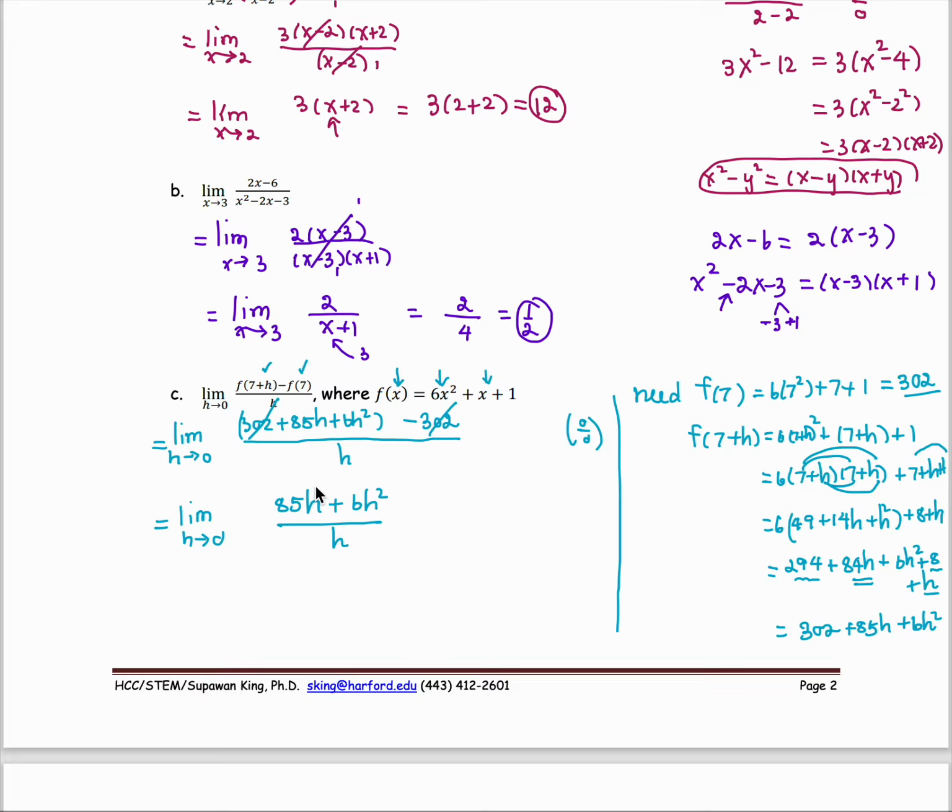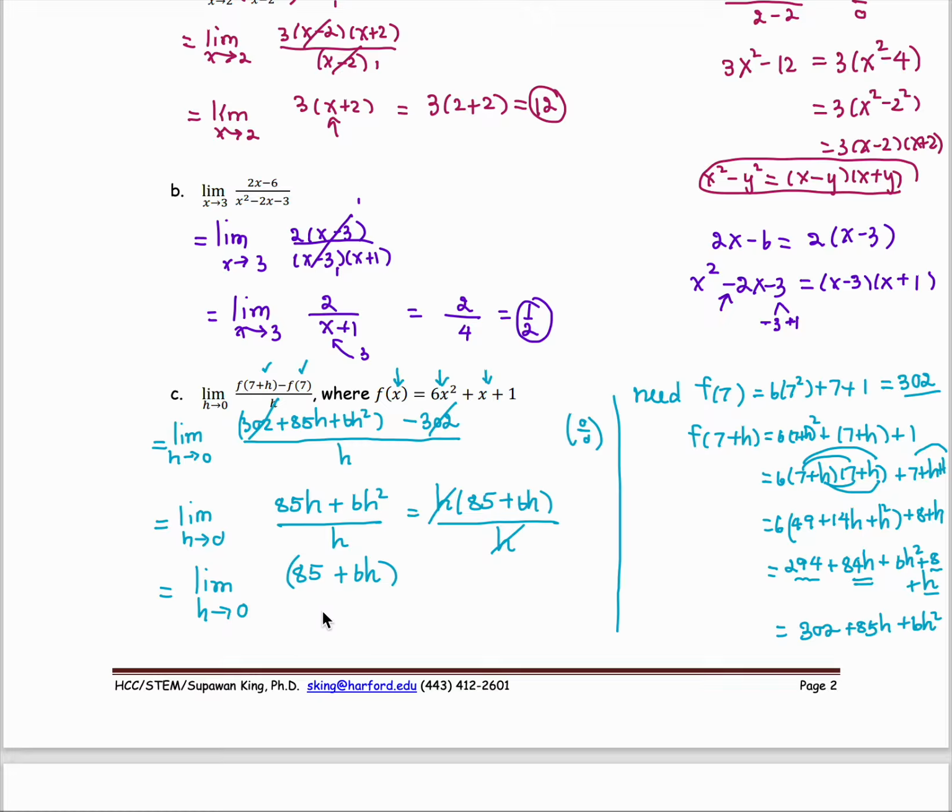That's good news. Both terms of the numerator has h as a common factor. So take the h out. We have 85 plus 6 times h left inside, all divided by h. At this point, we can see that h and h reduce. Now the limit of the simplified expression is limit of 85 plus 6h as h approaches 0.